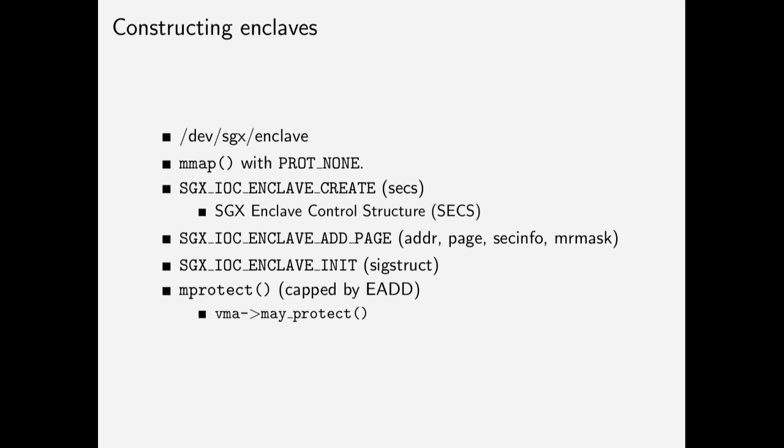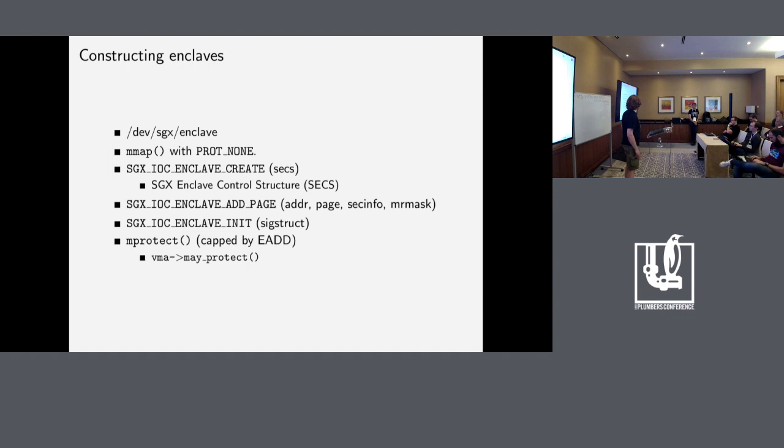The enclave construction starts by first reserving the memory range with mmap, and the way the enclave interacts with mmap is that the permissions cannot surpass the permissions of the pages that are in the range of the mmap.